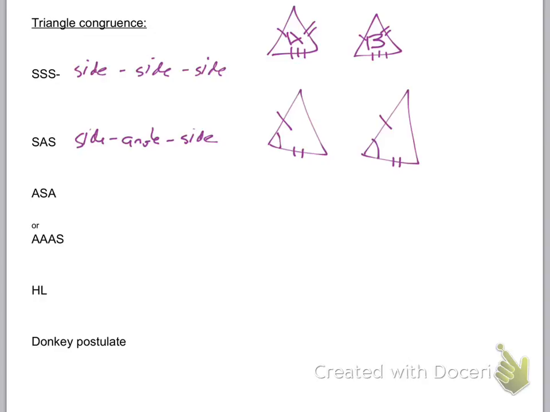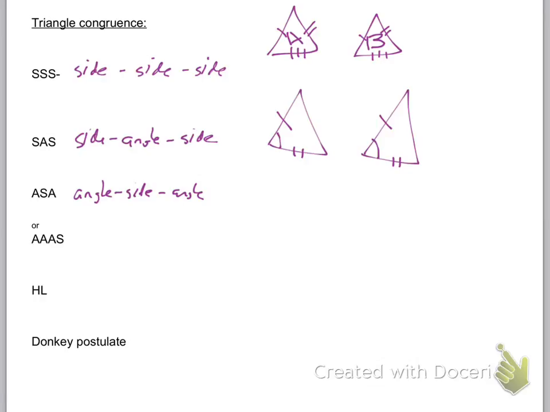And of course, ASA would be angle, side, angle, which means the side that's congruent has to be between two angles that are congruent.